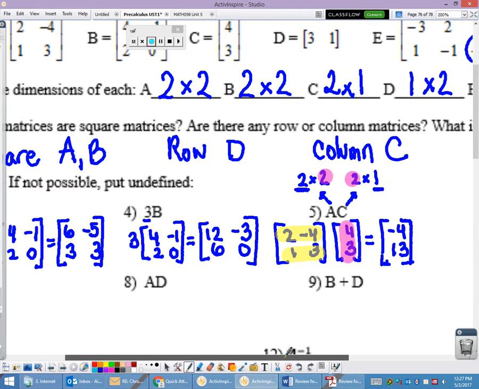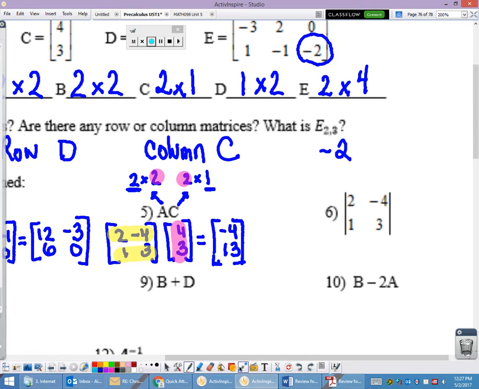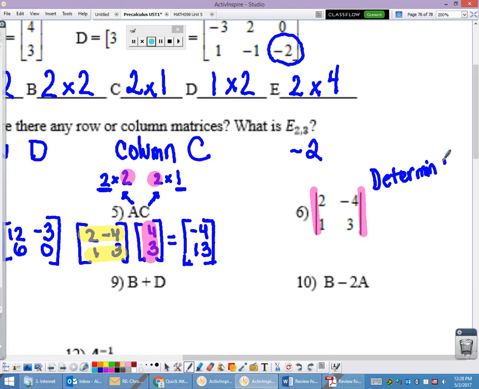Alright, number 6. When I see bars on both sides of my matrix, or both sides of this array of numbers, these do not mean absolute value. Okay? These mean find the determinant. So that's what we're going to find.